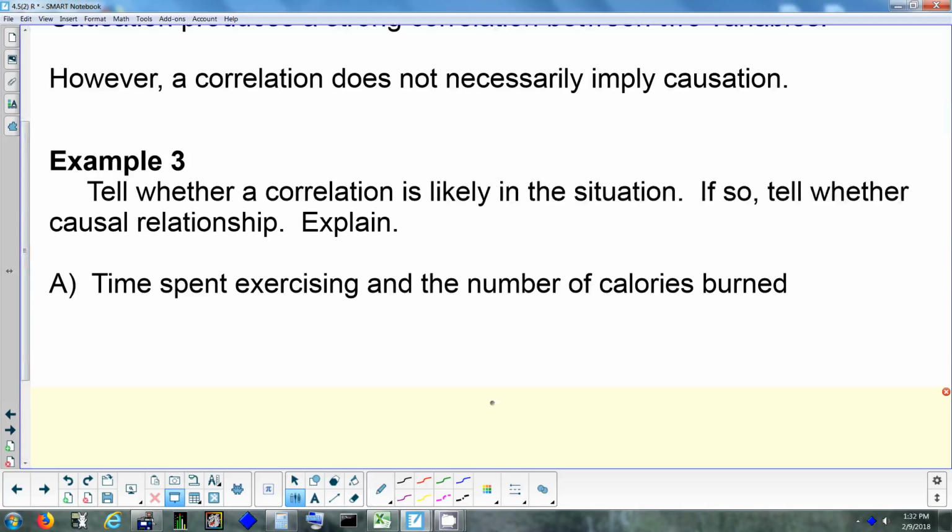I would say there's probably a correlation. If you graphed a bunch of data about how long somebody spent exercising and how many calories they burned, you would probably see a trend. You would see a pattern. So tell whether a correlation is likely. Yes, I think there's probably a pattern to that. So a correlation is likely.